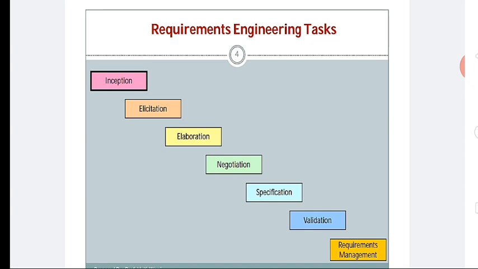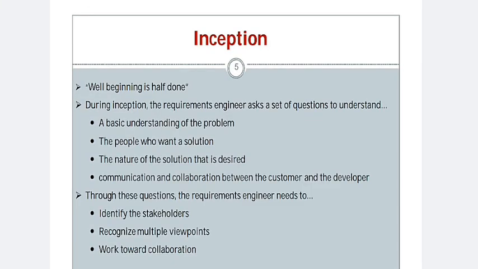And then requirement management. Here the requirement management phase consists of managing all the requirements of the user and cross-checking whether all the requirements are implemented in your product or not. Now we will study all these phases in detail.